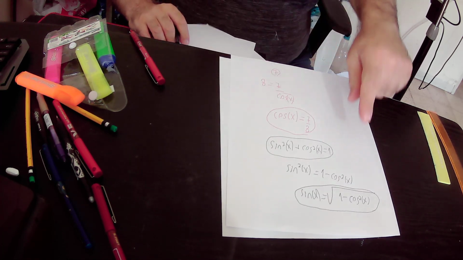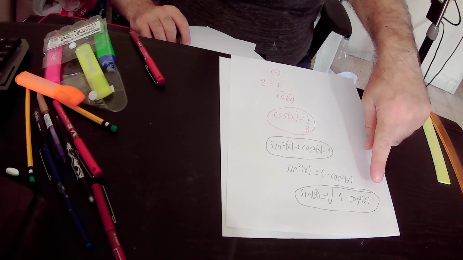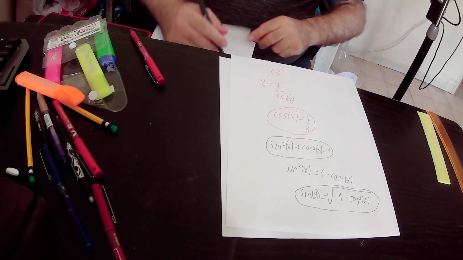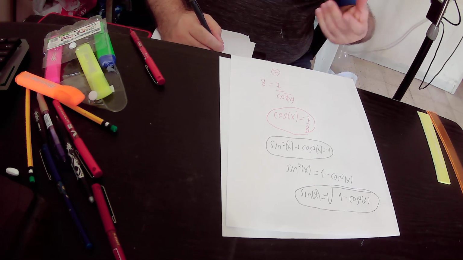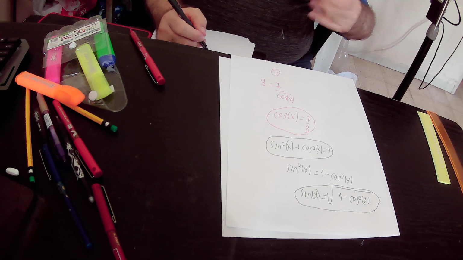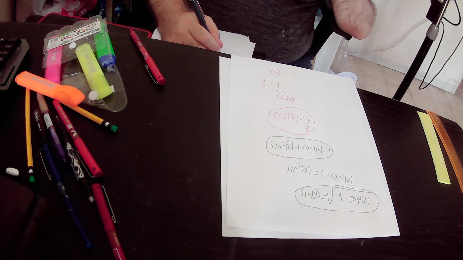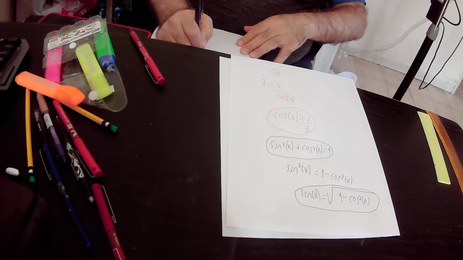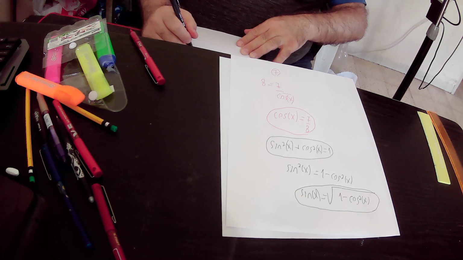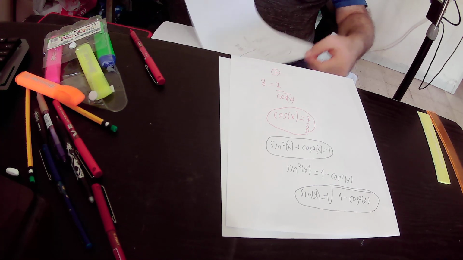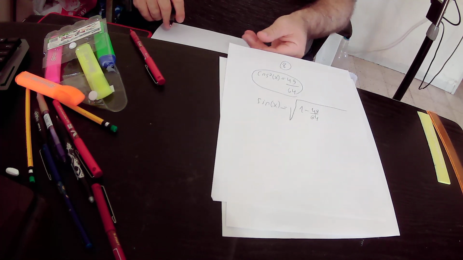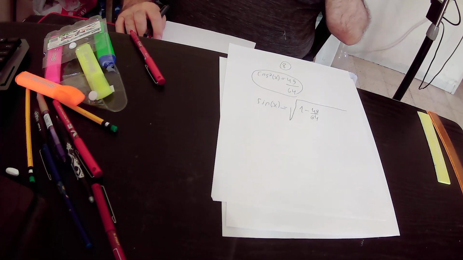So here we substitute cosine square x by 49 over 64, and we will get that sine x equals the root of 1 minus 49 over 64.